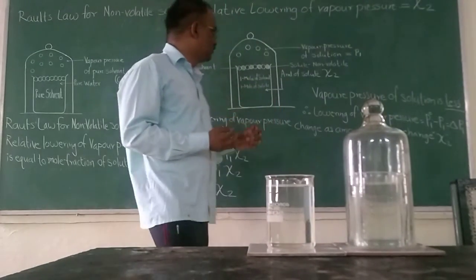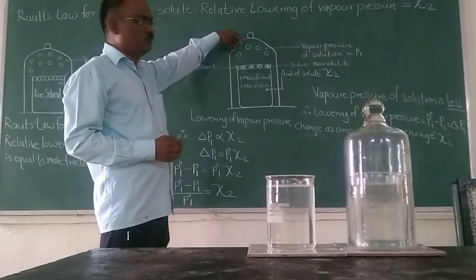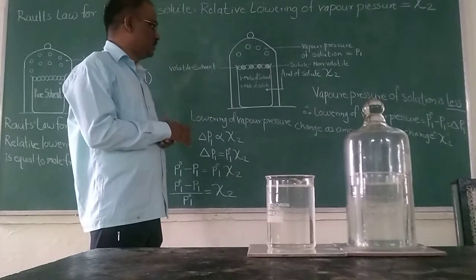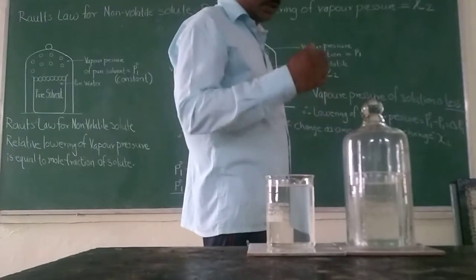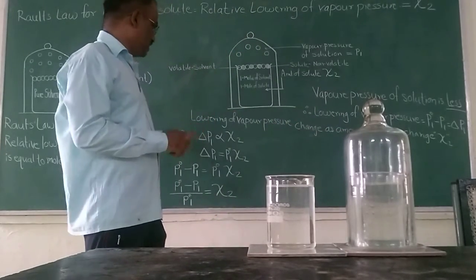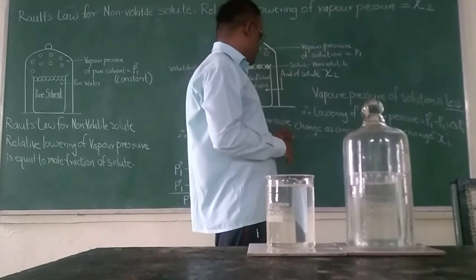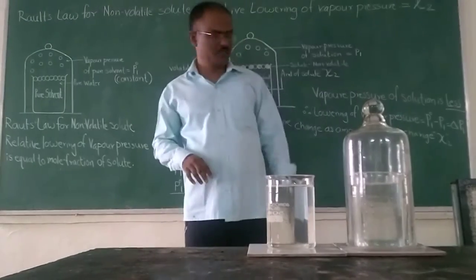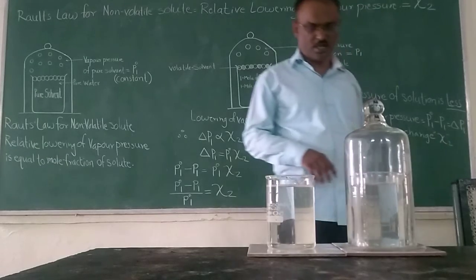Then the vapor pressure will decrease more. Here only 2 molecules will be there in the vapor and it will produce less vapor pressure. So by addition of more and more solute, the vapor pressure is going to decrease. That is called the lowering of vapor pressure, and that depends upon what? Vapor pressure changes as the amount of solute changes. Now amount of solute means what? Amount of solute means the mole fraction x2.